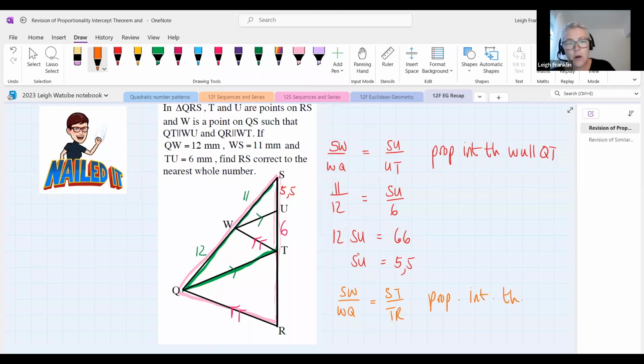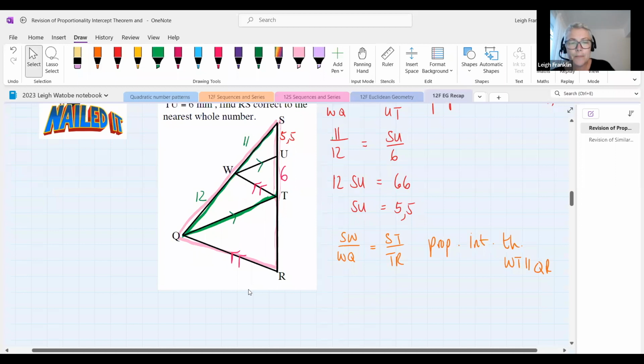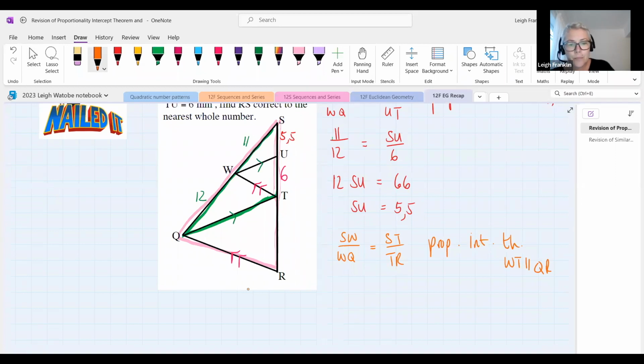That's it. And then here we just have to name those parallel lines. Now when you substitute, Andile, what are you writing? It's 11 over 12, and then 5,5. Okay, wait, let me check here. What's that 6?